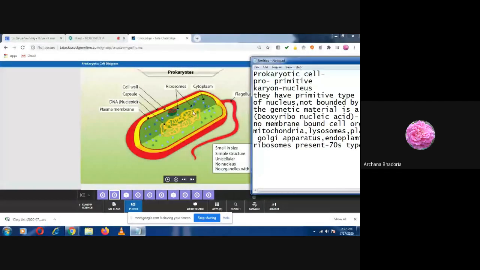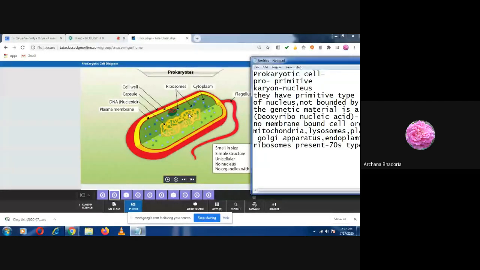In the cytoplasm there is the genetic material, a DNA thread-like structure present generally in the center of the cell, confined to the center only, and that is known as nucleoid, which is not bounded by the membrane. And the ribosomes are present. These ribosomes are of 70S type.